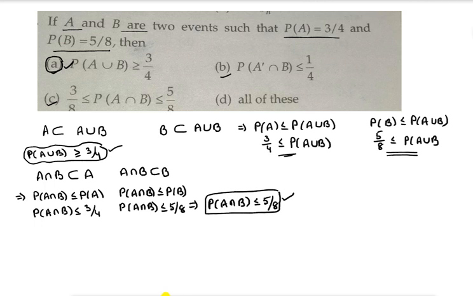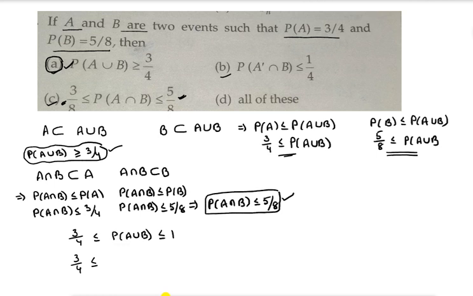So we got the upper bound for this. At the same time, here the lower bound, that is the minimum value, is also needed. So that's why we are doing it another way. We know that P(A union B) is always greater than or equal to 3 by 4, and P(A union B) is no doubt less than or equal to 1. So I can write 3 by 4 is less than or equal to P(A union B).